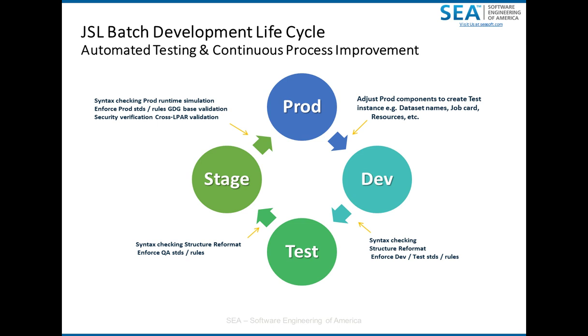With that discussion, I put up here an illustration of a generic life cycle, but again, one that we all have to consider, whether it's JSL or JCL. It's essentially the same concept and the same governance and release type processes that have to be considered.